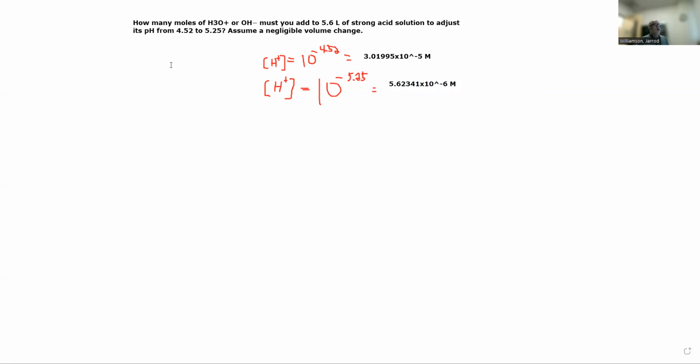Okay. Now to find the moles of hydrogen ion in each one, I'm going to multiply each by 5.6 liters, because remember, molarity is moles per liter.